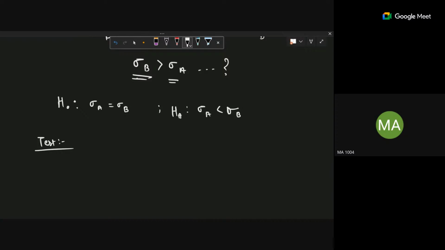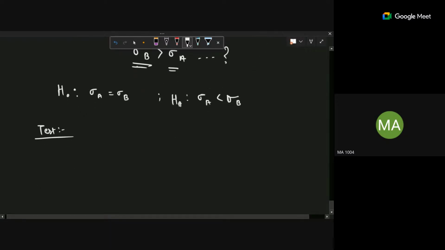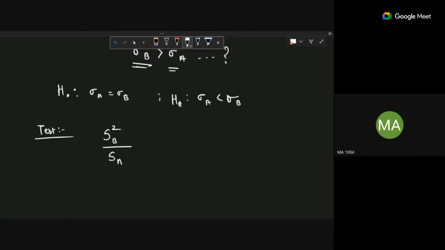Let's take the ratio of squares of sample variances, SB square and SA square.